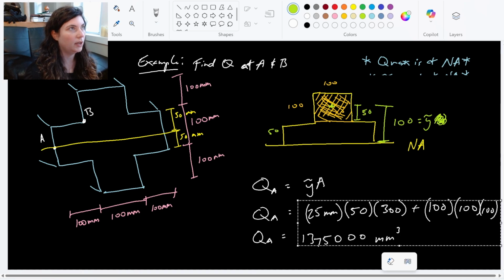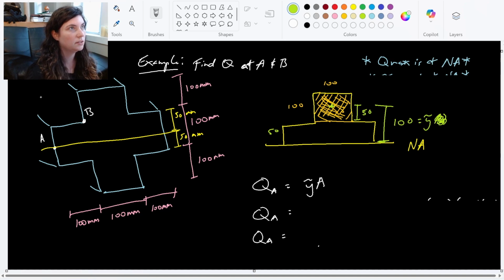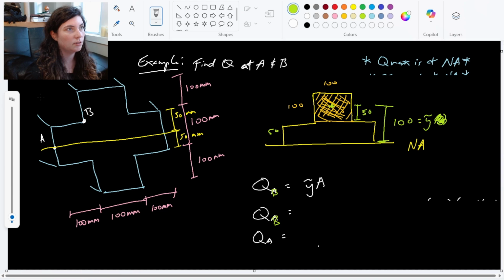So if I want my Q for B, Q_B this time, y tilde times A. My y tilde is the distance from the neutral axis to the centroid of the portion I'm interested in. So that's 100 millimeters. And then it's the area. And again, it's only the area that I'm interested in. It's not this full cross-sectional area, just the area I'm interested in.